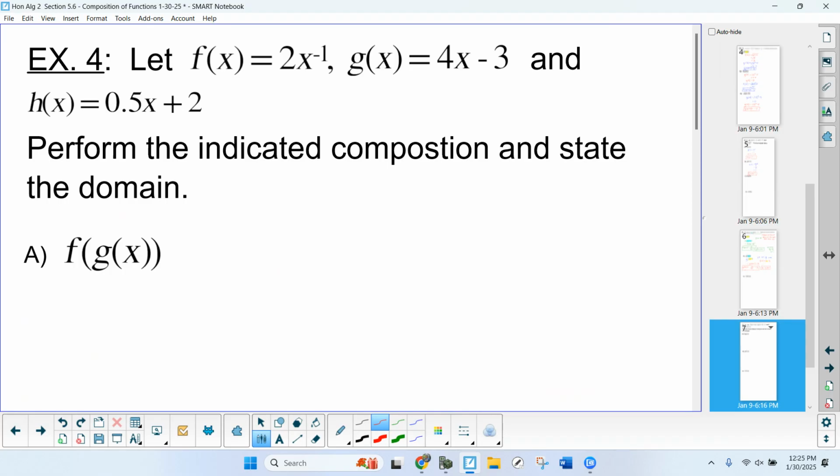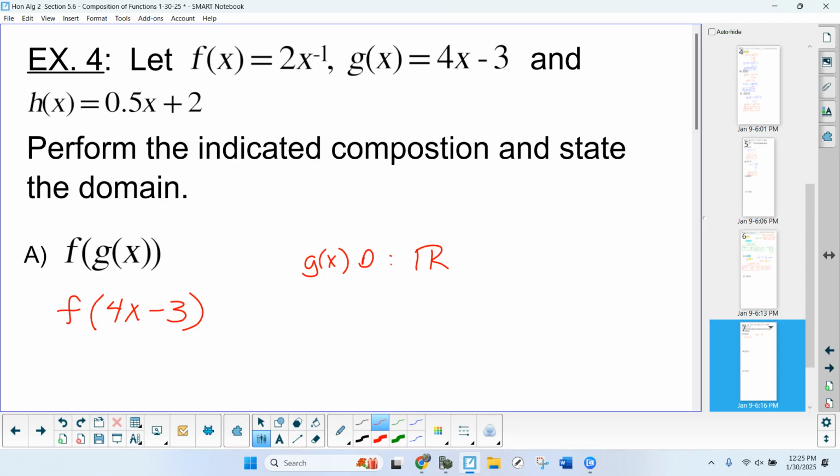F of g of x. Okay. What's g of x? 4x minus 3. Now, remember, you want to first find the domain of your input. So what's g of x domain? Yeah, it's linear. So far, do we need to worry about anything on our domain? So you do the input and the final answer.